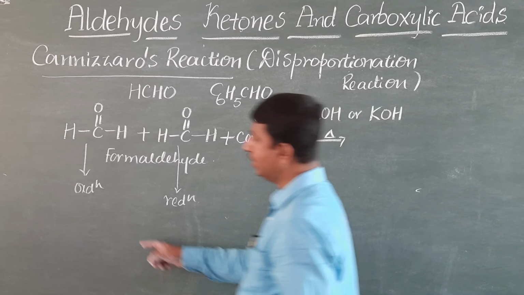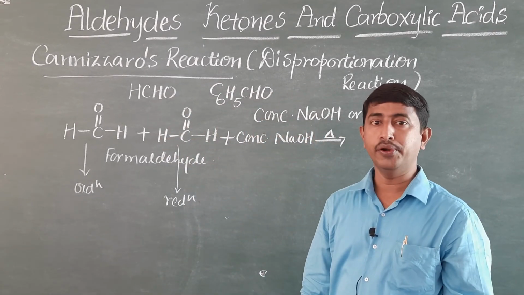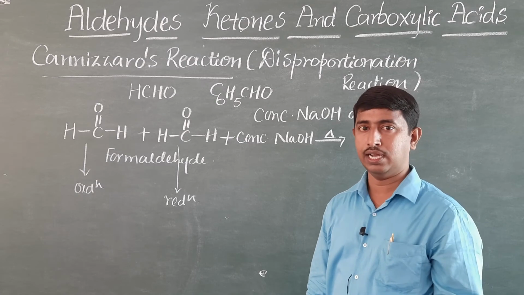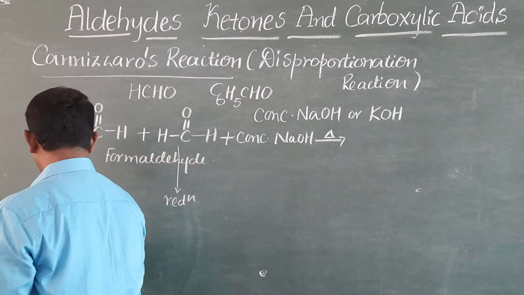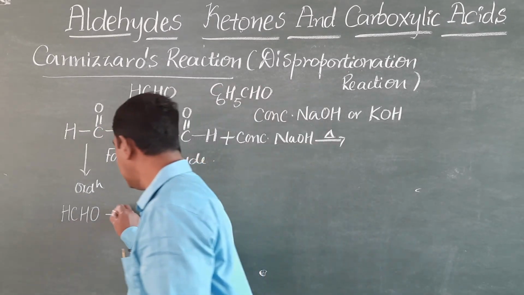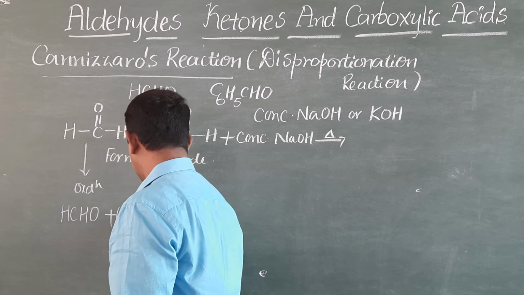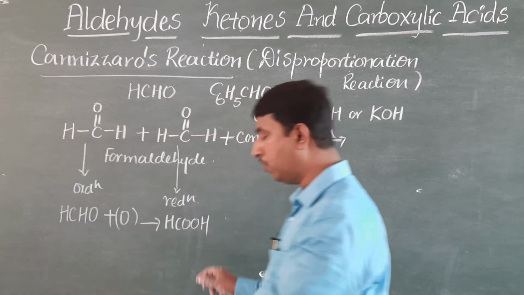In the last class we studied that oxidation of an aldehyde produces a carboxylic acid. So formaldehyde, HCHO, will undergo oxidation forming the carboxylic acid, that is formic acid.